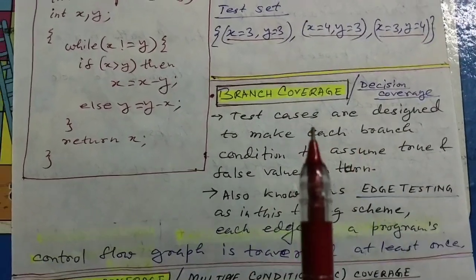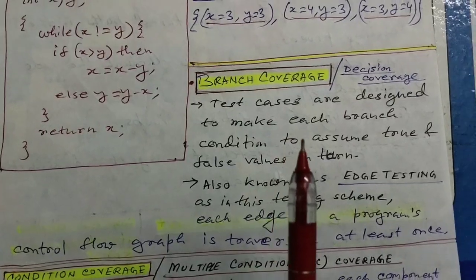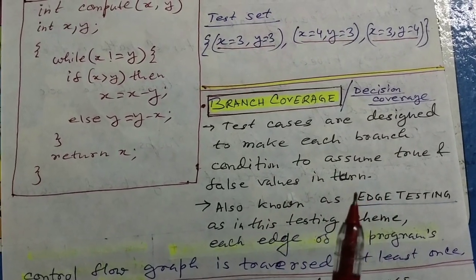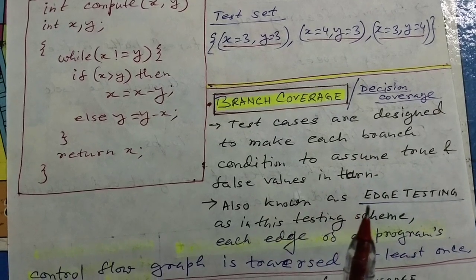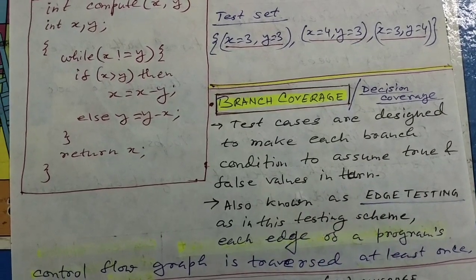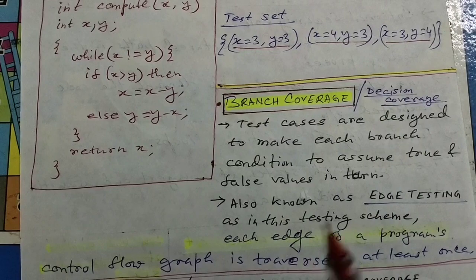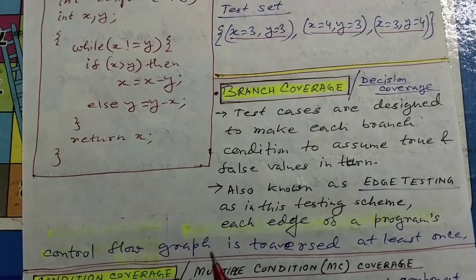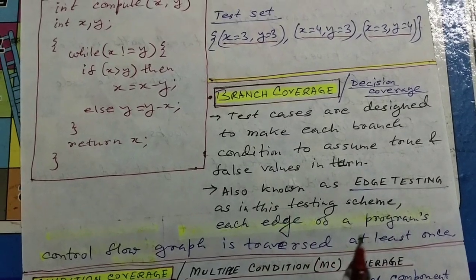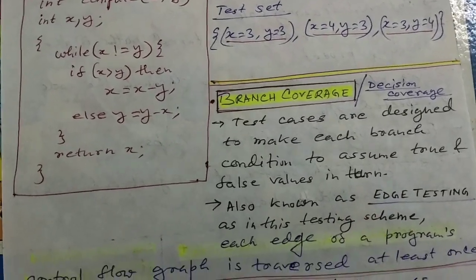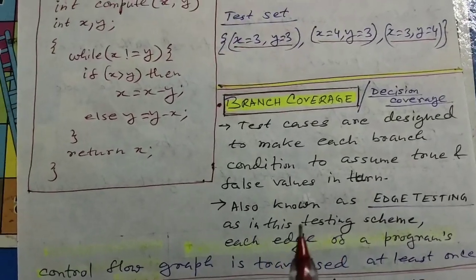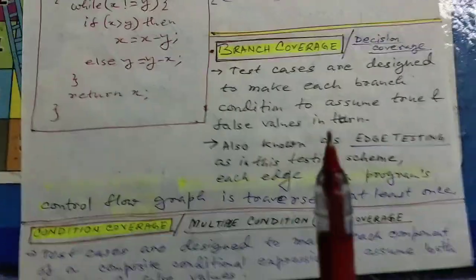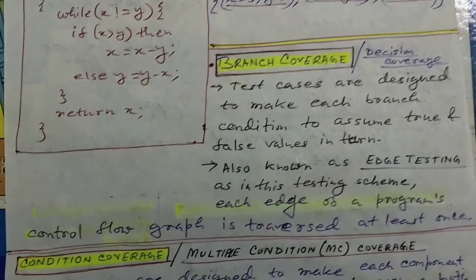Now here test cases are designed to make each branch condition assume true and false values in turn. It is also known as edge testing, as in this testing scheme each edge of the program's control flow graph is traversed at least once. Now what is a control flow graph and what is an edge, we'll come to this later in this video.